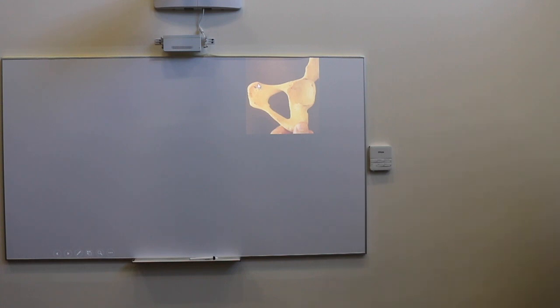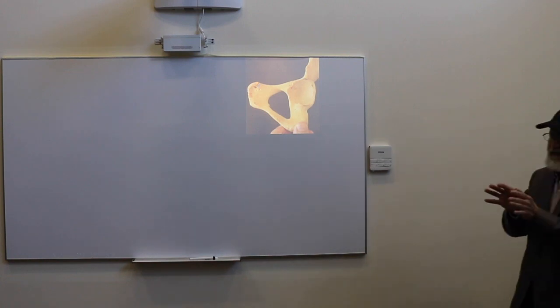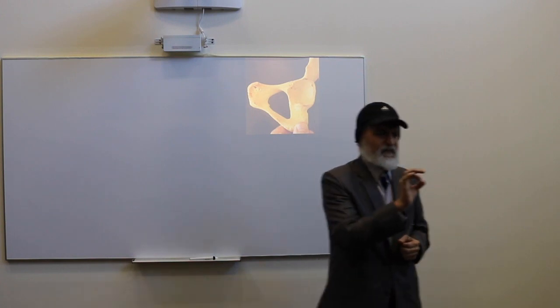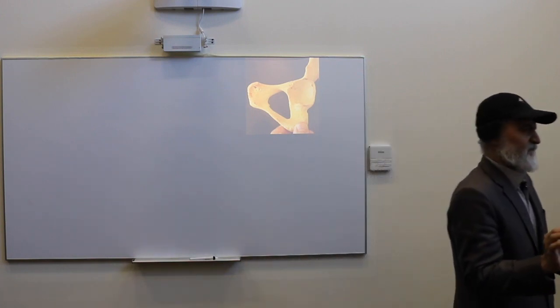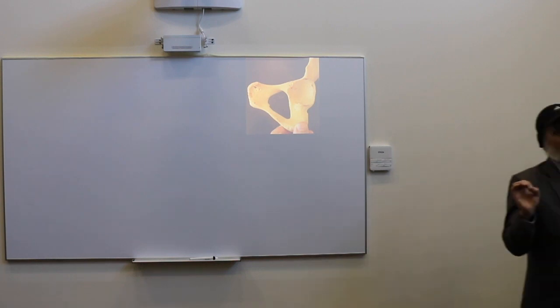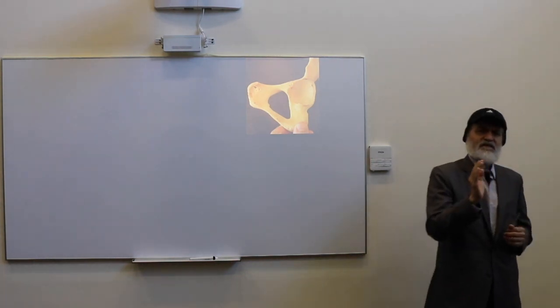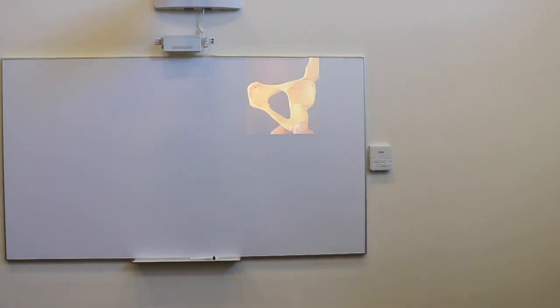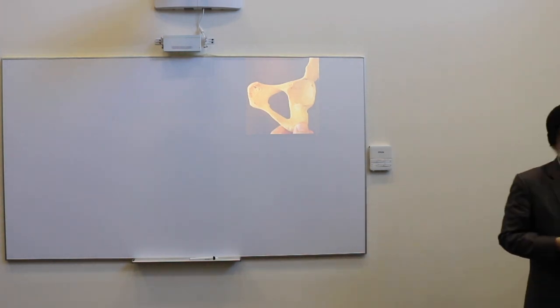And I will say it twice, and it should come in the exam. The pubic crest ends laterally in the pubic tubercle. The pubic crest medially ends at the symphysis pubis.